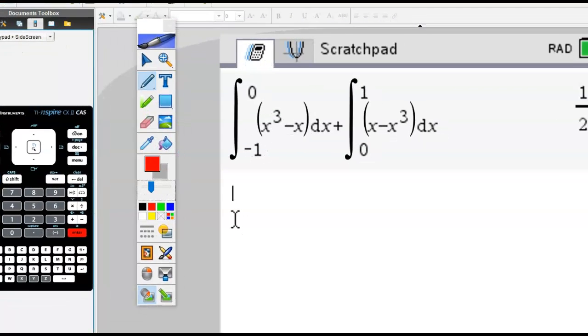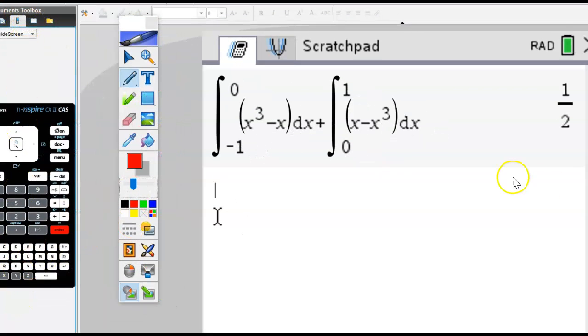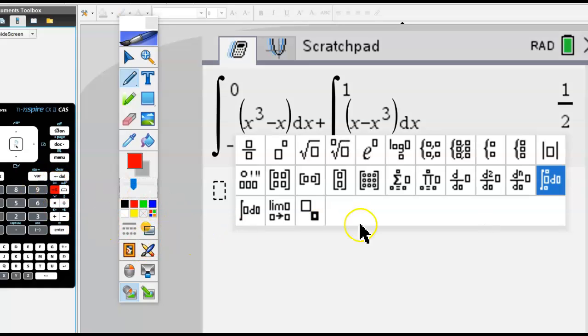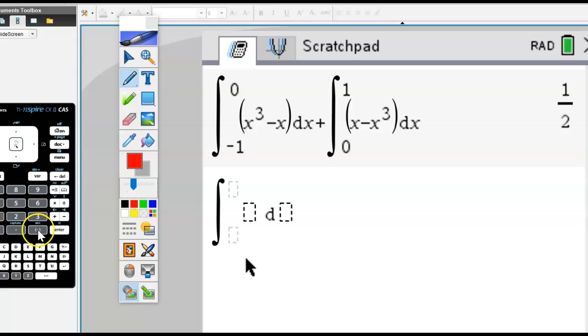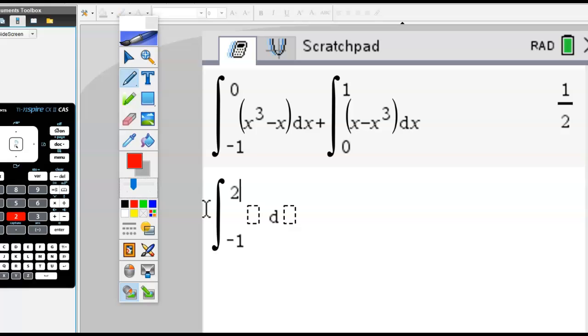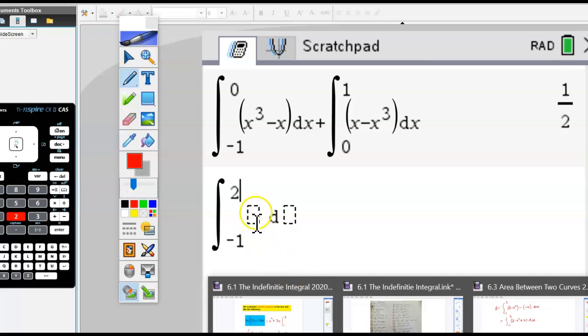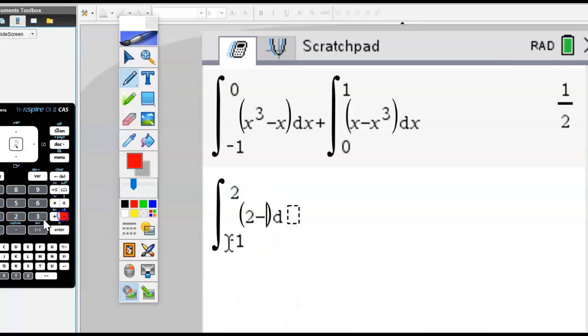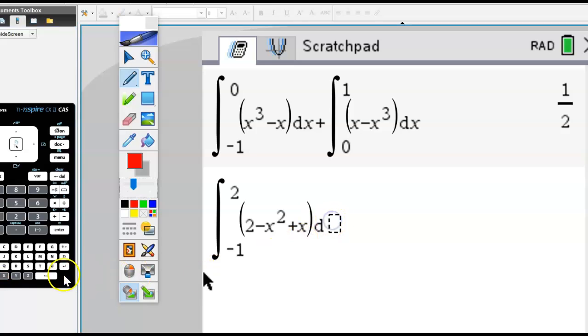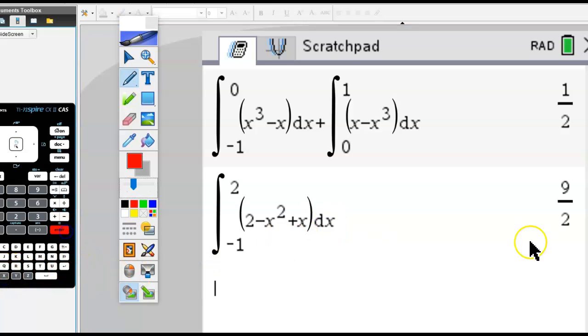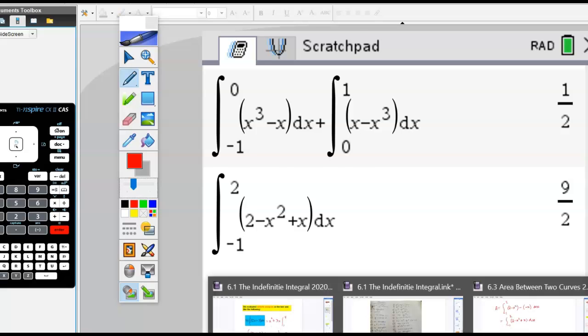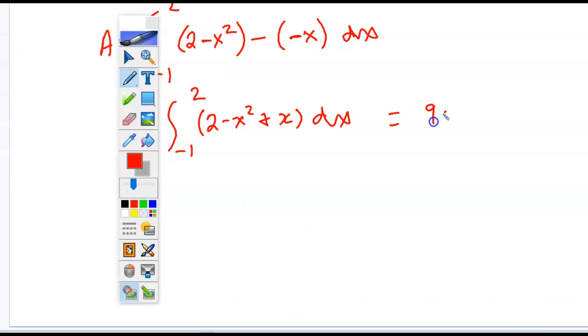Well, you're not going to be able to see the answer, but anyways, this is going to be the definite integral from negative 1 to 2 of my top curve minus the bottom curve, 2 minus x squared plus x, with respect to x. And that answer again is 9 over 2. So the solution here equals 9 over 2.